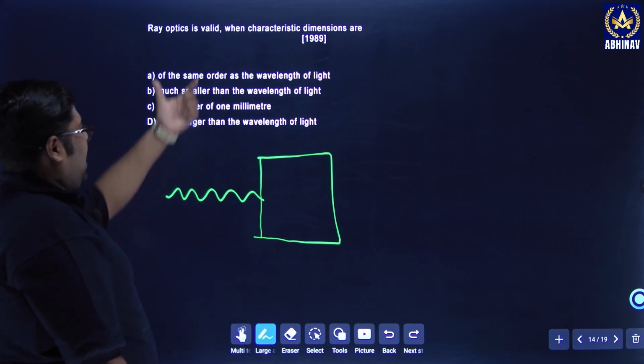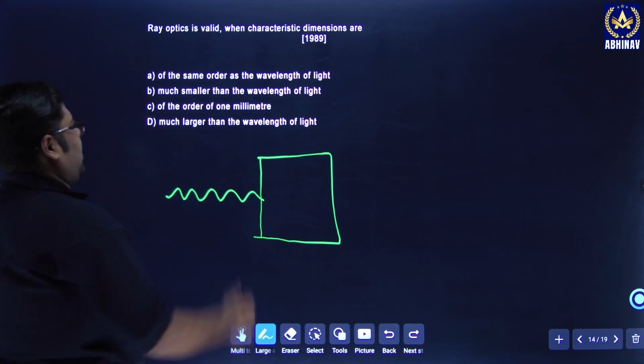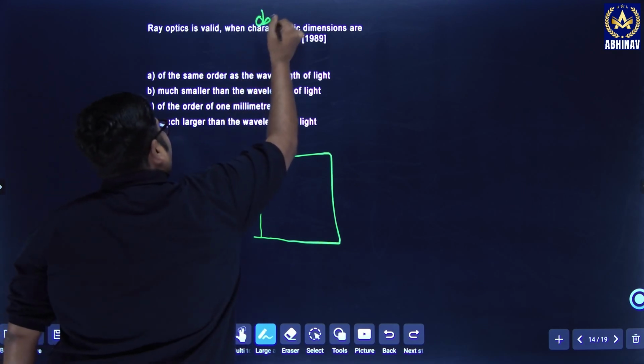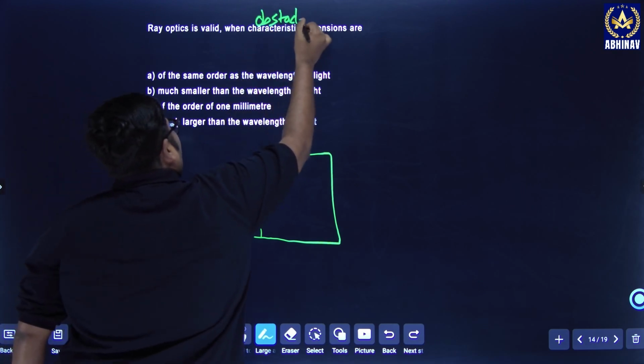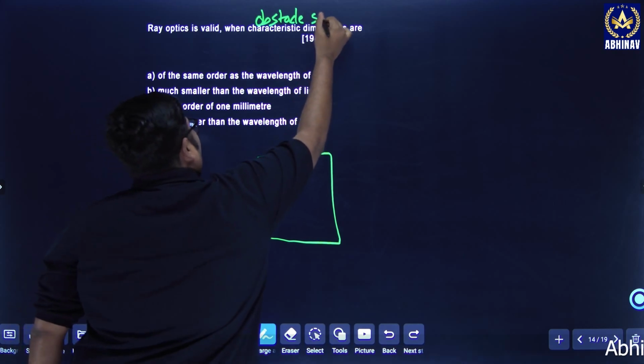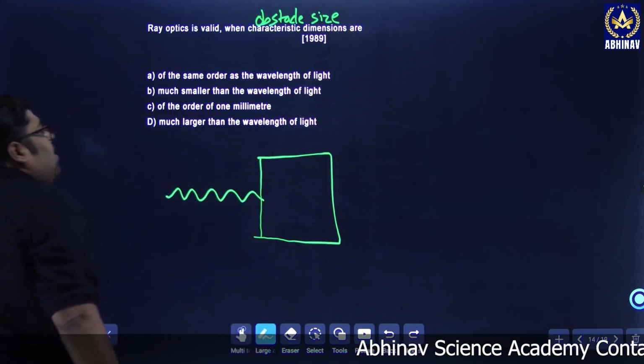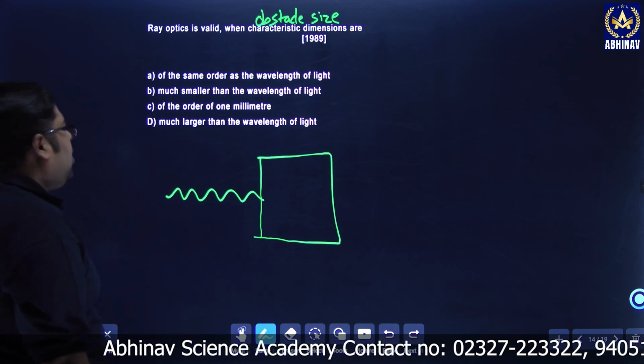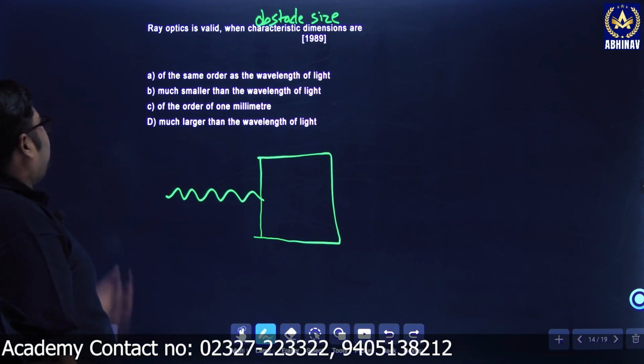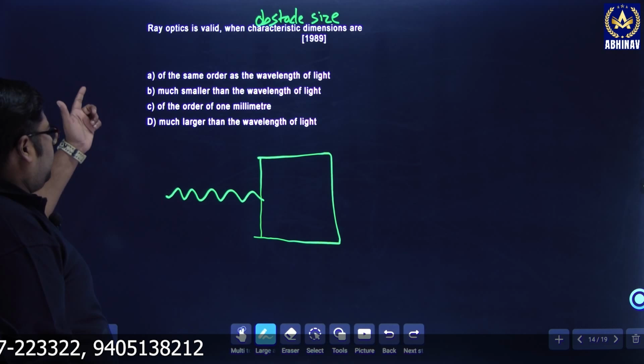So the characteristic dimension here means obstacle. Obstacle dimensions means obstacle size. They are just beautiful words for an easy concept. So, ray optics is valid when? Of the same order?